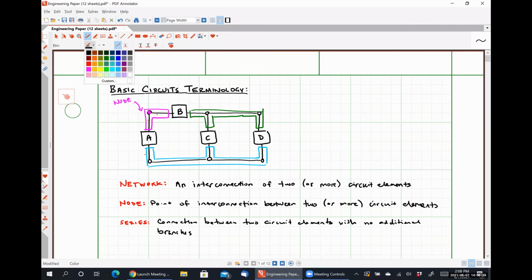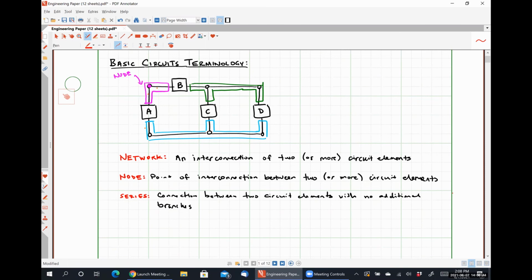If we look at elements C and D, we can fundamentally describe what's called a parallel connection.